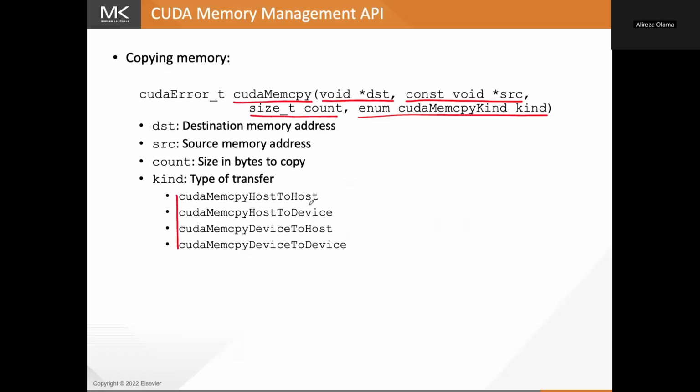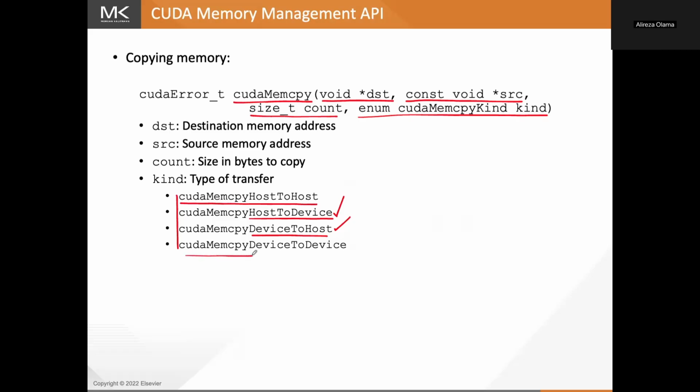cudaMemcpyHostToHost is used if you want to copy data from one memory location to another on the main memory. Then you have cudaMemcpyHostToDevice, which is used for transferring data from CPU to GPU. Then cudaMemcpyDeviceToHost is used for transferring data from GPU to CPU.